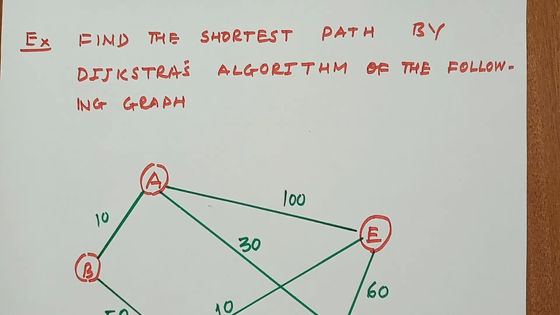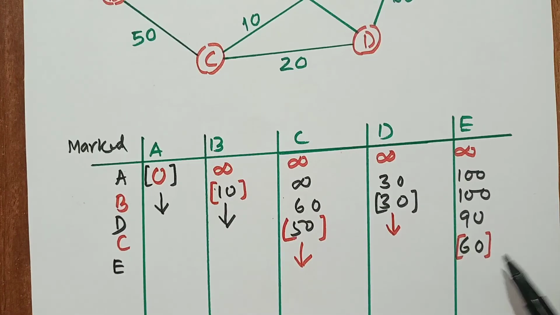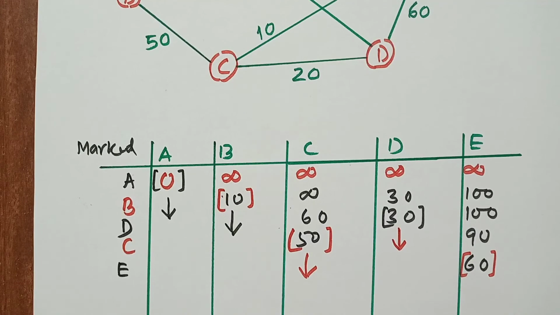A to C is 50, D is 30 and E is 60. So this is the shortest path from A to E, and the last value is 60. You can see very carefully how we get 60 from A to E.